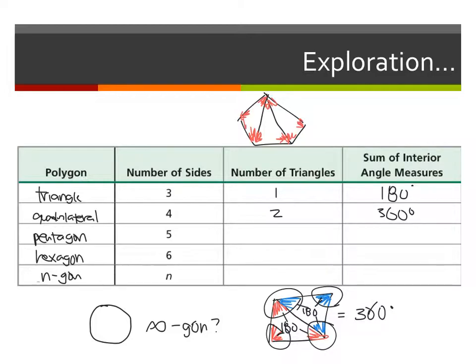Because there are 3 triangles that cover all the interior angles of the pentagon. So since there are 3 triangles, 180 times 3 is 540. That is how many degrees you get if you combine all the interior angle measures.